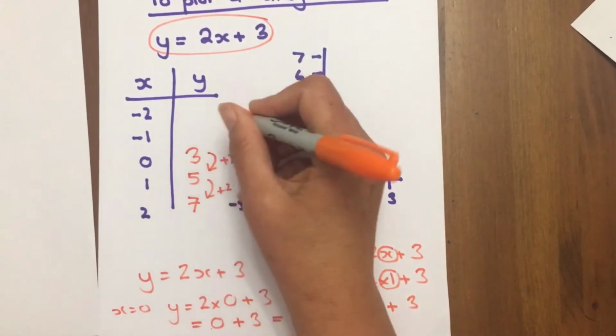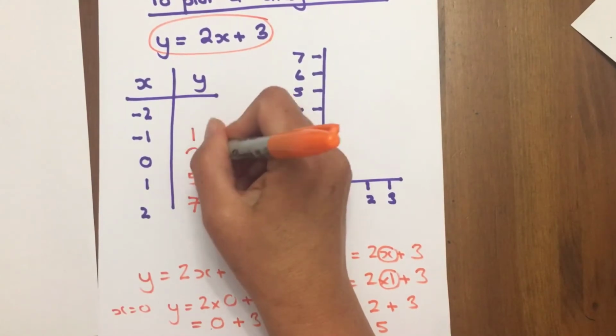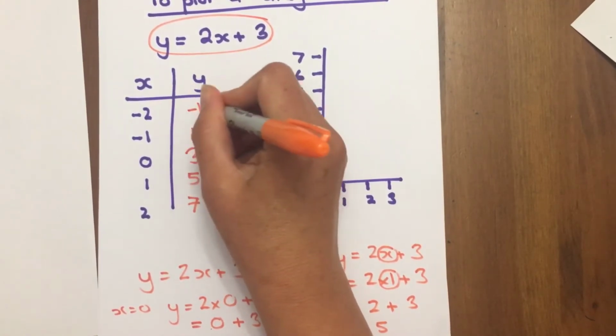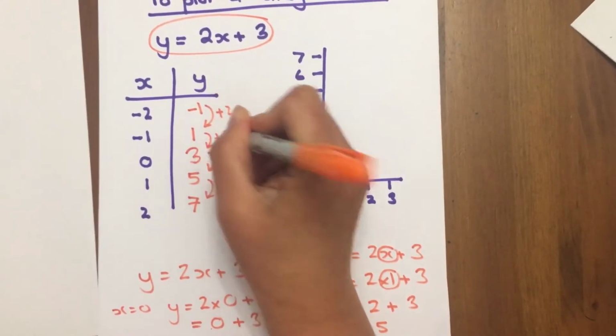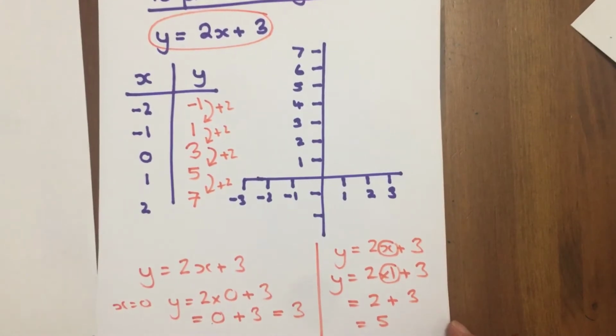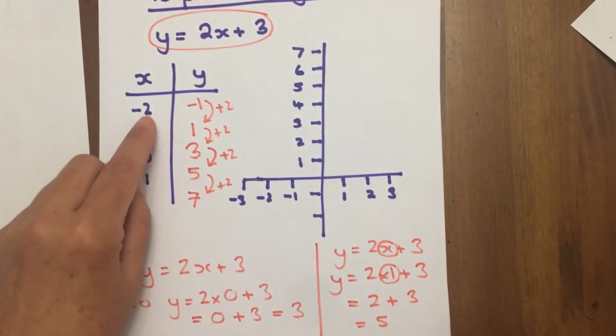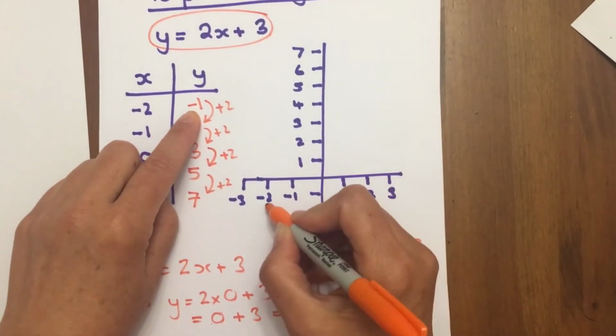So let's use that rule. This number will be 1, because this will go up in 2s, and -1. So the connection between each number, it goes up in 2s. Now we can plot it and we will get a diagonal straight line. So when x is -2, y is -1.